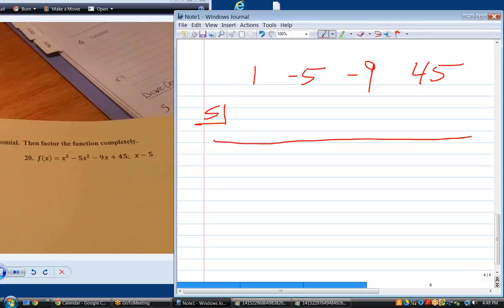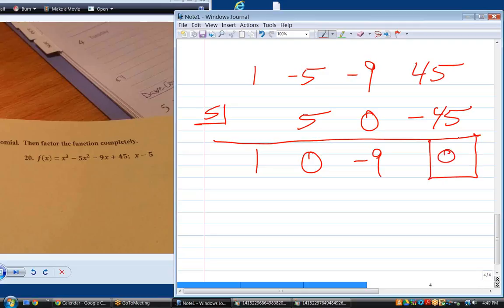Okay, so 1, 5, 0, 0, negative 9, negative 45. Zero? So is x minus 5 a factor? Yes. It did say, then factor the function completely.